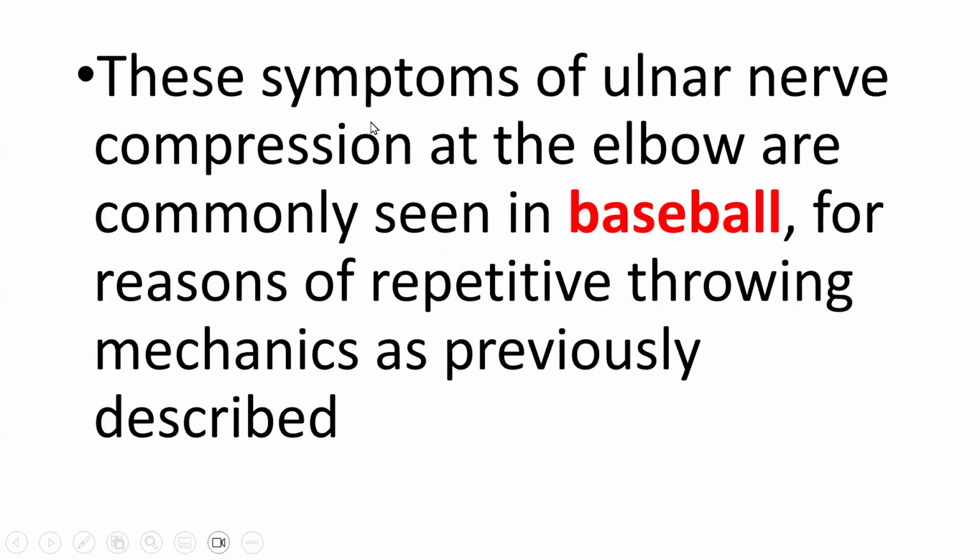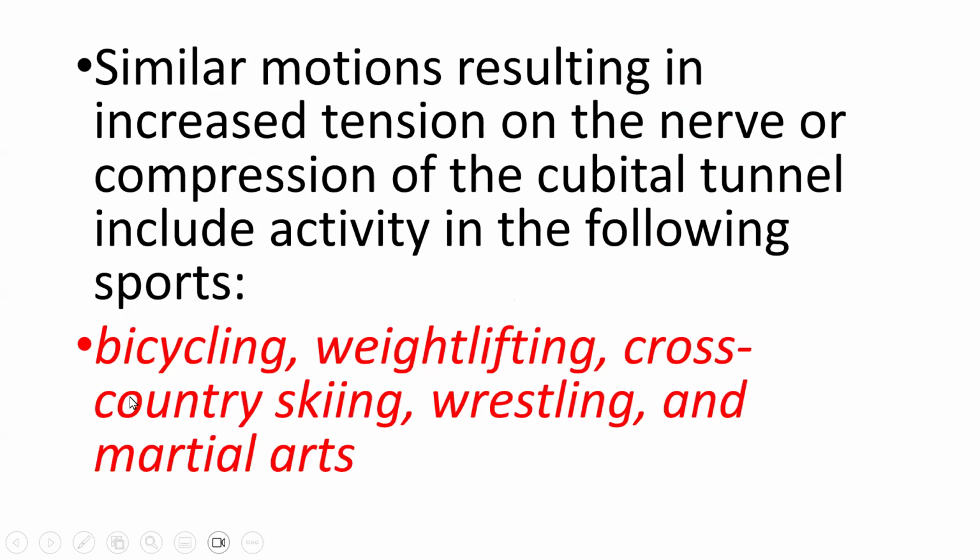And these symptoms of ulnar nerve compression at the elbow are commonly seen in baseball players for reasons of repetitive throwing mechanics as previously described. It can also occur in cycling, weightlifting, cross-country skiing, wrestling, and martial arts.